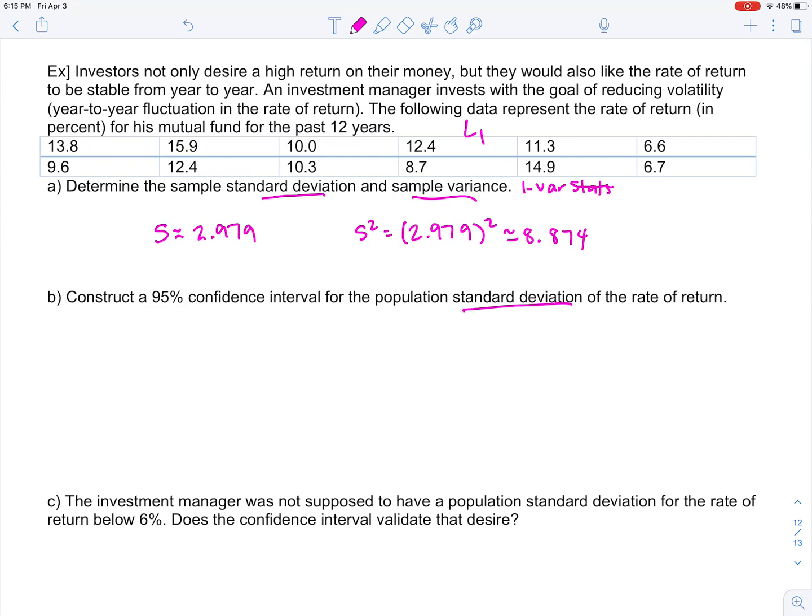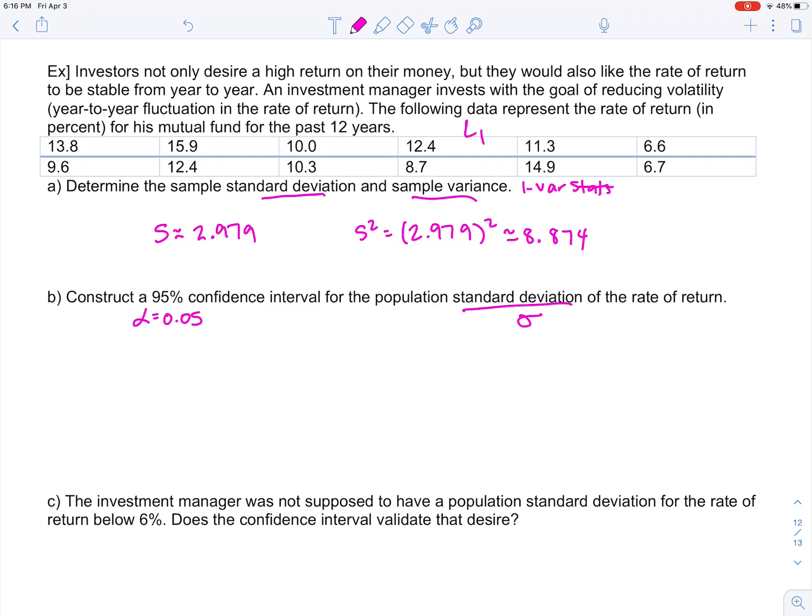Construct a 95% confidence interval for the population standard deviation rate of return. So this time we're approximating sigma, which means we use the version of the formula that's inside of radicals or square roots. Before we apply the formulas, we do need to find our chi-square values. Since the confidence level is 95%, the alpha is 0.05.